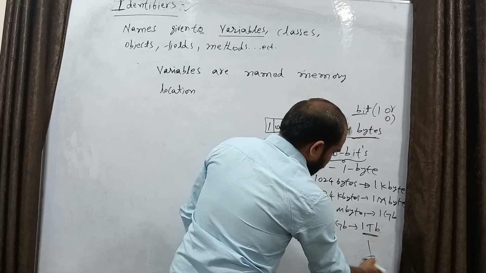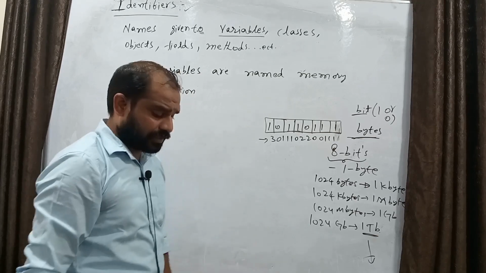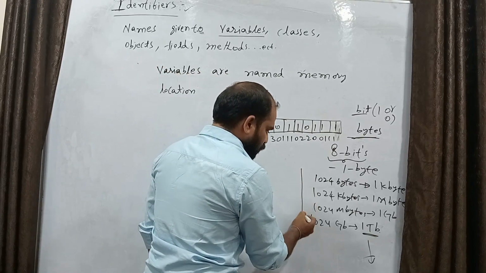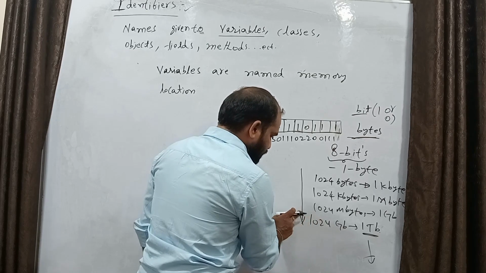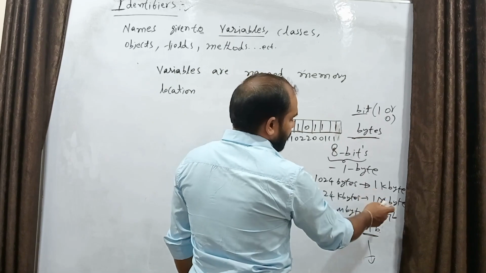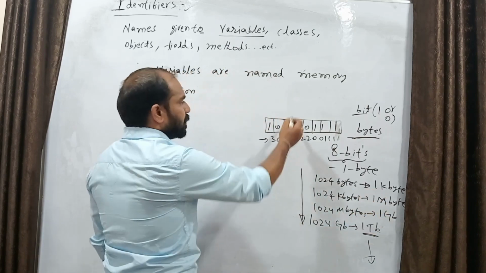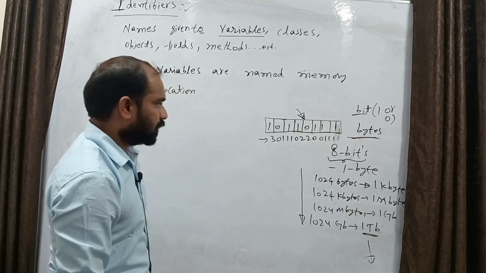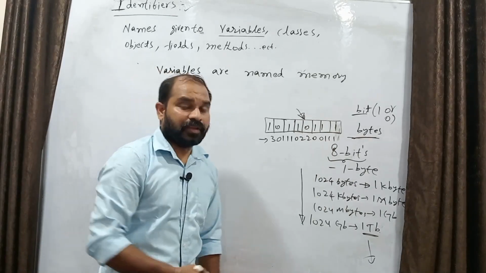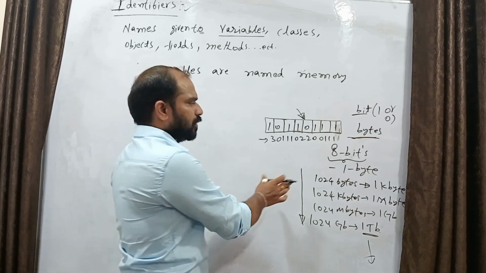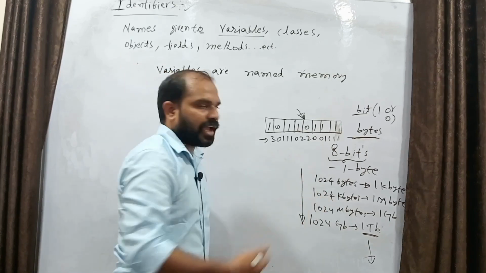Like this, there are zettabytes and the next units available, which show the memory units in increasing order: 1 KB, 1 MB, 1 GB. It depends upon the data content, smallest data or largest data. Smallest data requires low memory, largest data requires high memory, right?